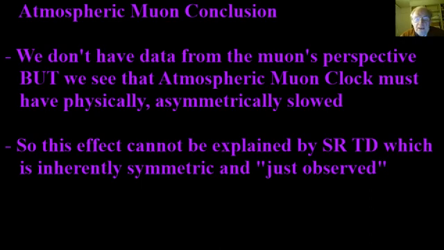Like data from particle accelerators, we don't have data from the muon's perspective, but because of this special situation with two absolutes constraining any rebuttal, we see that atmospheric muon clocks must have physically asymmetrically slowed. So this effect cannot be explained by special relativity's time dilation, which is inherently symmetric and just observed and not causing physical effects.